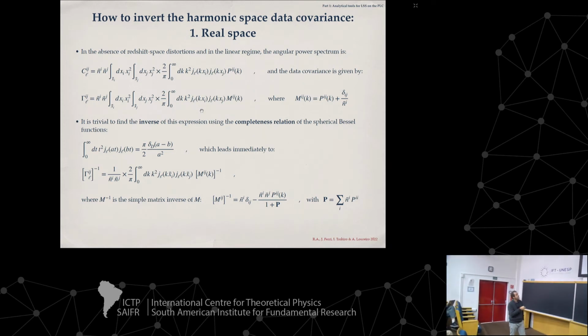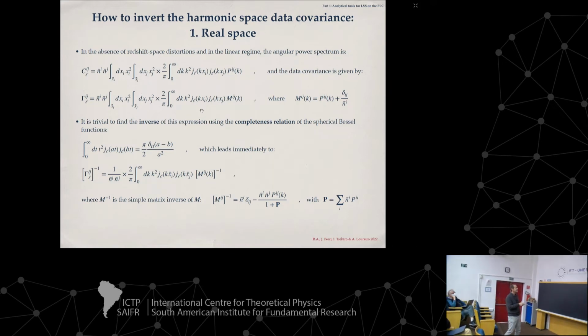Now, it turns out that it's trivial to invert that expression in a true analytical sense. If you remember that these functions form an orthogonal radial basis, and they have this so-called completeness relation, it's kind of an orthogonality.